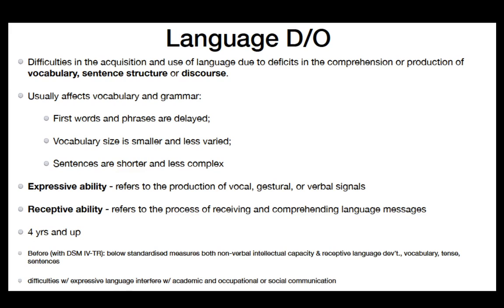While on the other hand, the receptive ability of the person refers to the process of receiving and comprehending language messages, meaning how they were able to understand what other people are telling them, which tells us that language skills need to be assessed in both expressive and receptive modalities, as these may differ in severity.